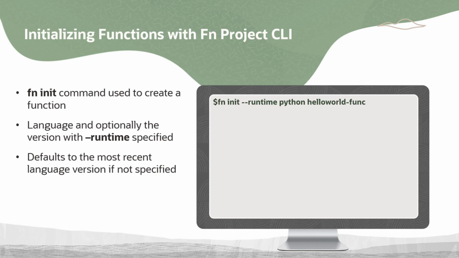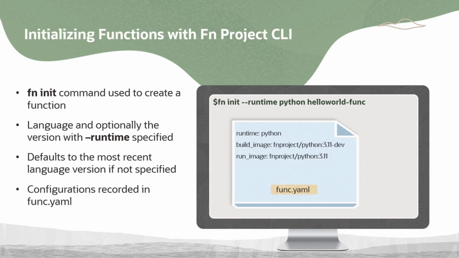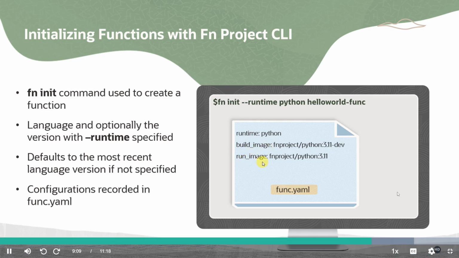If you don't specify the language version, the Fn Project CLI assumes you want to use the most recent version of the language FDK that's available. The Fn Project CLI records the value of the --runtime command option as the value of the runtime parameter in the func.yaml file. Additionally, it adds values for the build_image and run_image parameters according to the specified runtime command option.